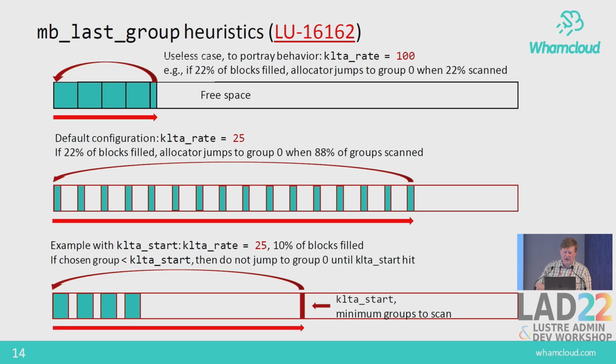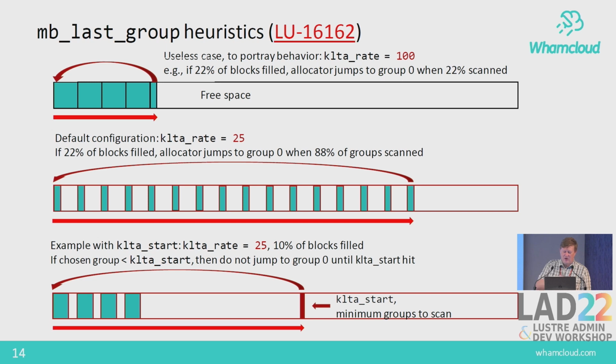The default rate of 25 means that if the beginning of the disk is 25% full, then it can extend out the allocation region, and so it has some balance between keeping allocations at the start of the disk or using the later parts of the disk.